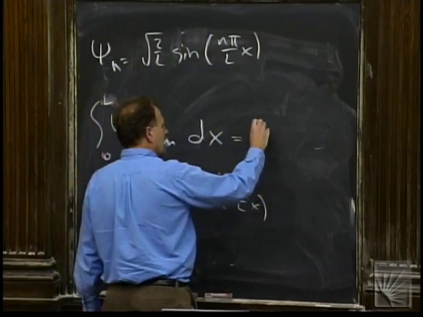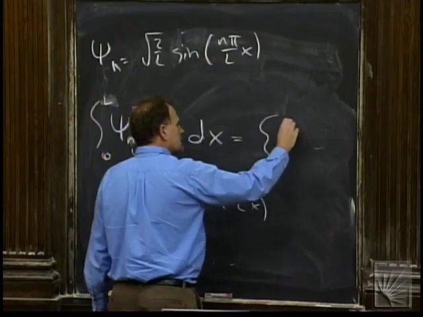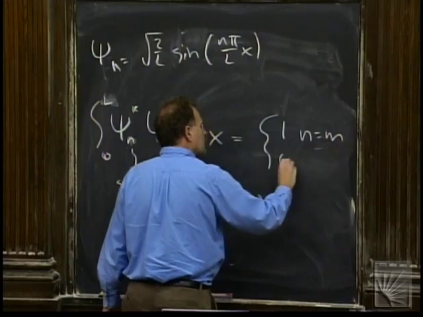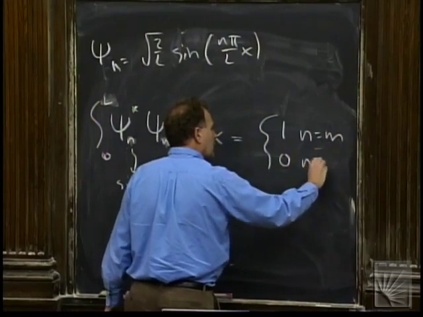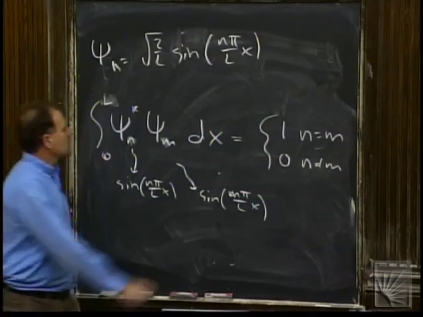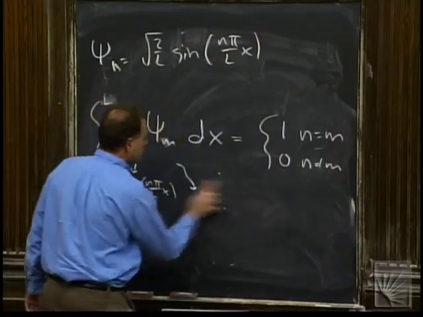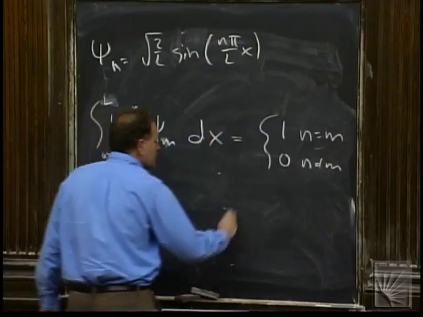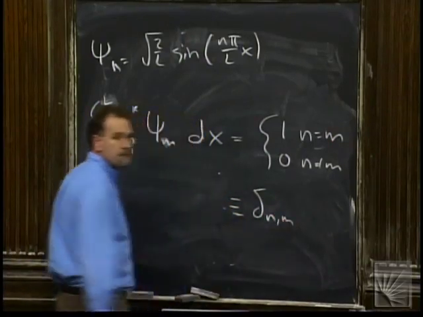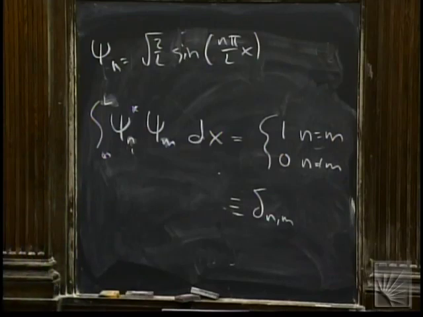The answer is that this is equal to 1 if n equals m, and 0 if n does not equal m. That's sometimes written as delta n comma m. That's called an orthogonality condition.